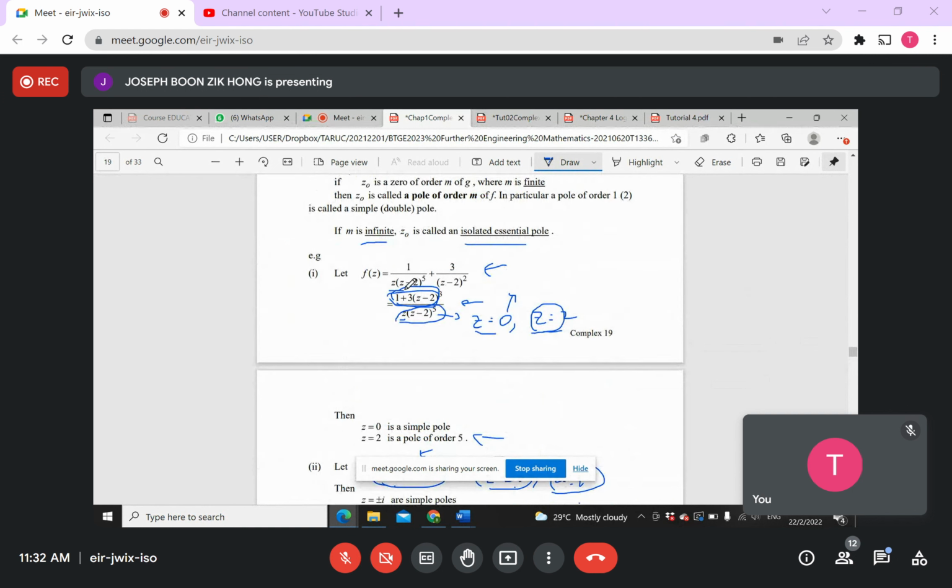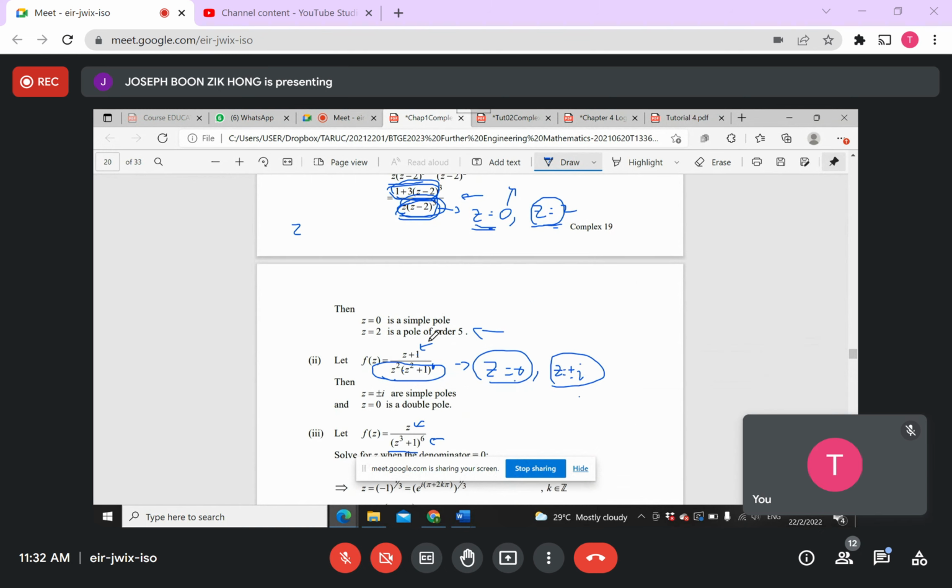We have to combine them, and then we make this part equal to 0. So I have z equal to 0, or z equal to 2. So z equal to 0 will be a simple pole because its power is 1. Z equal to 2 will be a pole of order 5. So this is how we find the pole.